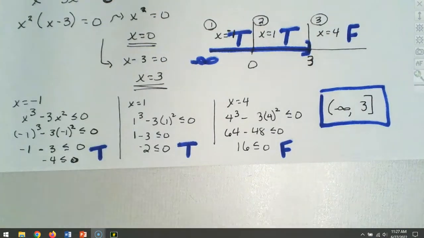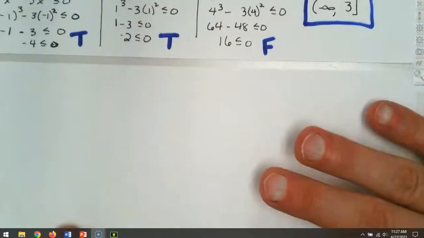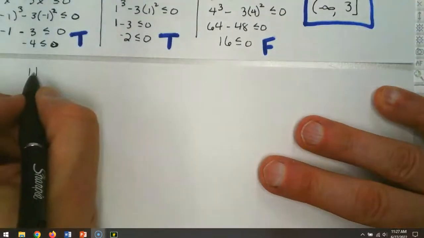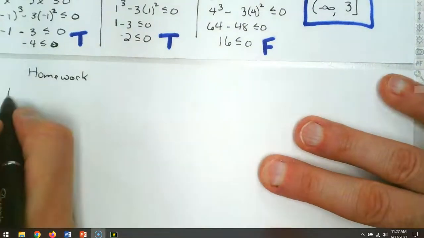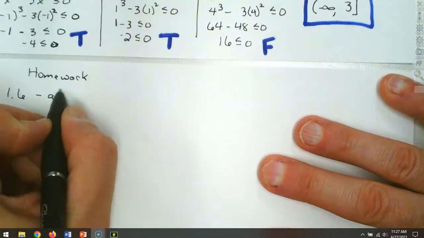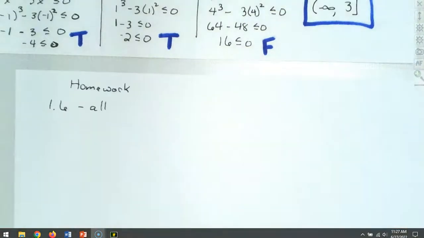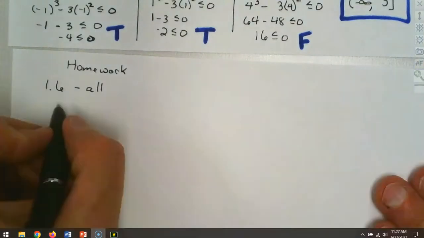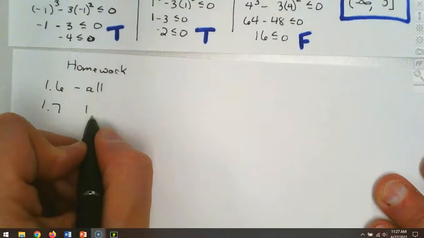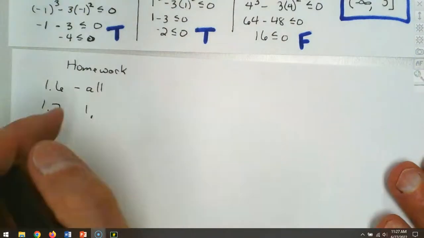And now we're going to talk about what we've covered for the homework. So what you should be able to do for your homework is 1.6. You should be able to do them all. Okay, so you should be able to do every single one out of 1.6. Now, 1.7, you can do most of them. You can do 1, because we did one like that.